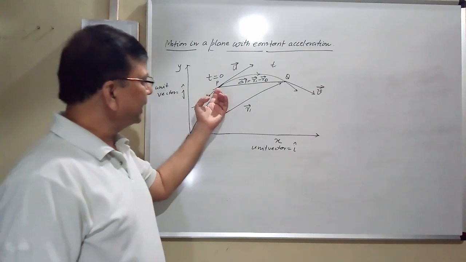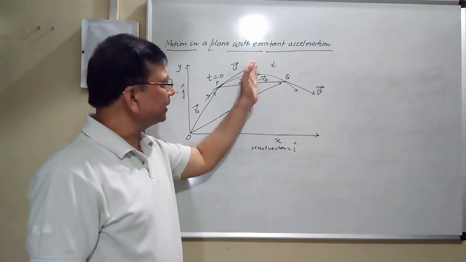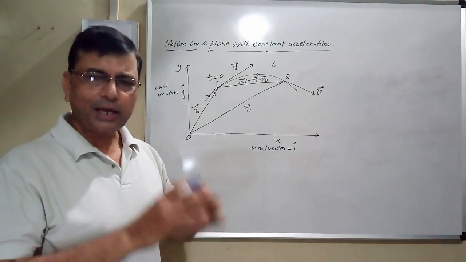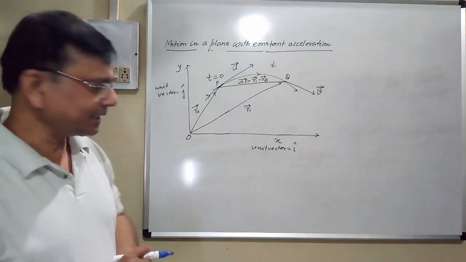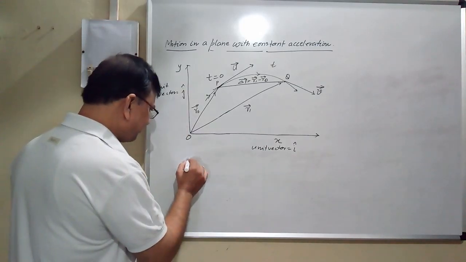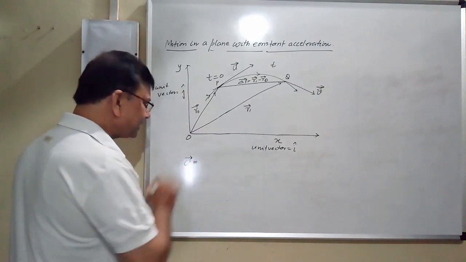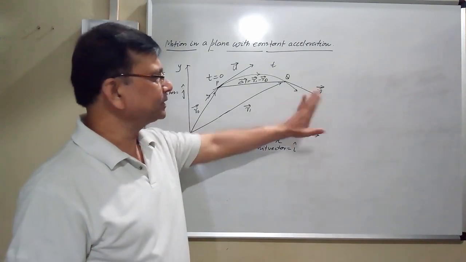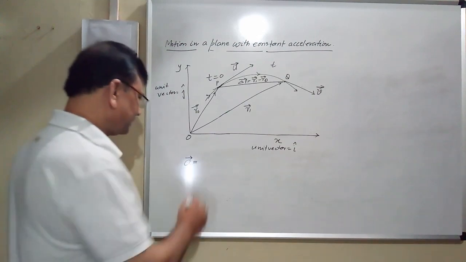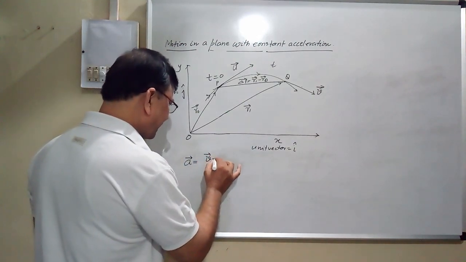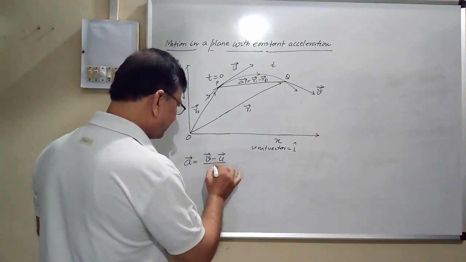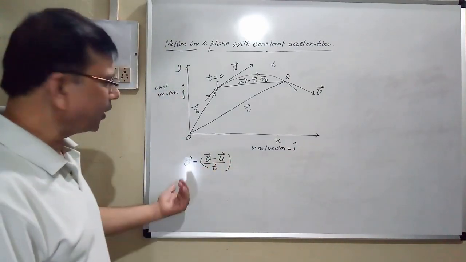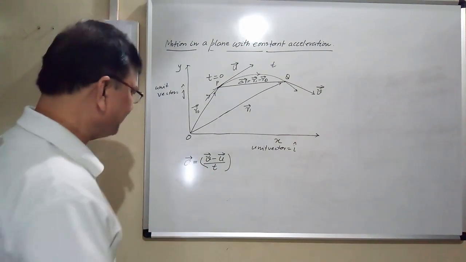So the average acceleration between these two velocities, velocity is changing from u to v, the average acceleration is taken as constant. So average acceleration is simply acceleration that is equal to rate of change of velocity. So final velocity v minus initial velocity u, by t. That is the average acceleration or simply a constant acceleration.